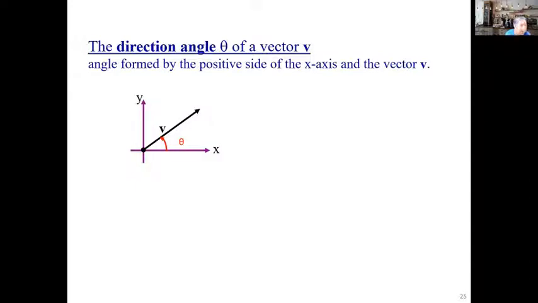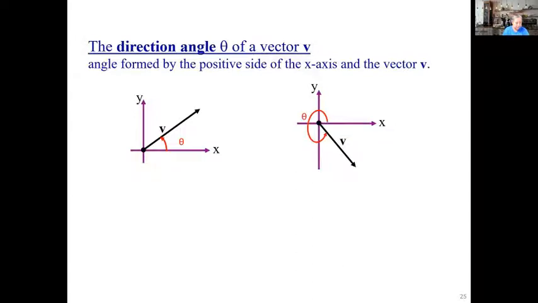In this case, the vector is in quadrant 1, and from the right side of the x-axis you measure the angle up to the position of the vector, and that makes the direction angle theta of the given vector v.